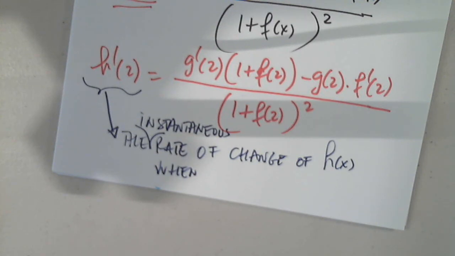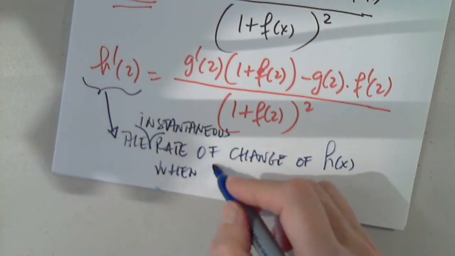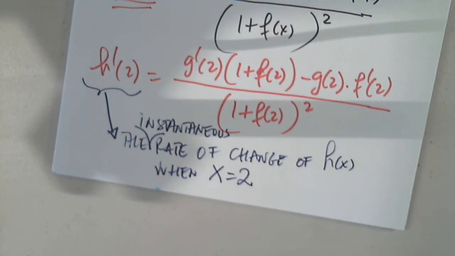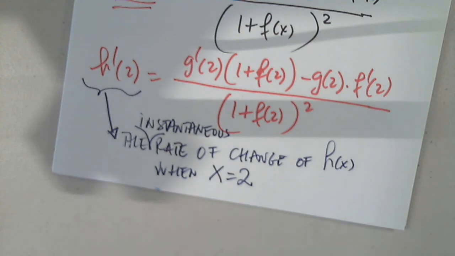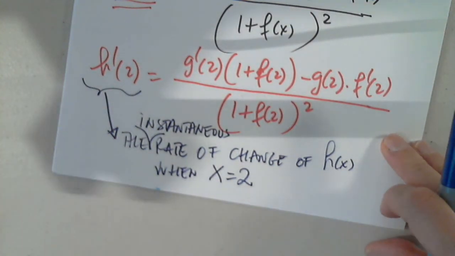When x is 2. Thank you very much. When x is 2. It can be the instantaneous velocity if h is a distance function. It can be the slope of the tangent line at 2. All these 3. It's also the derivative at 2.